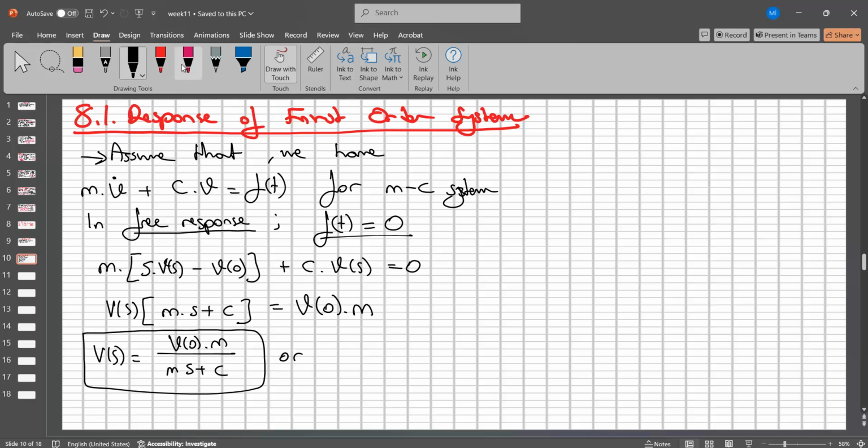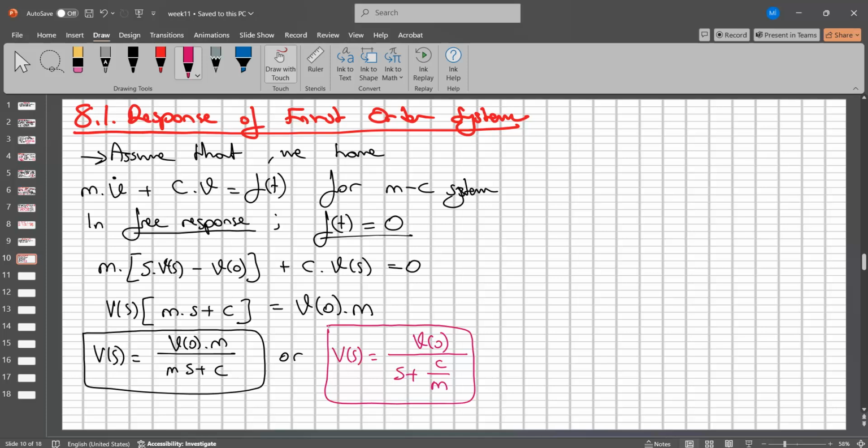Or we can write this equation, V(s) equals v0, and we divide by m at both sides, the numerator and denominator, so we will have s plus c divided by m, right? This is our equation.